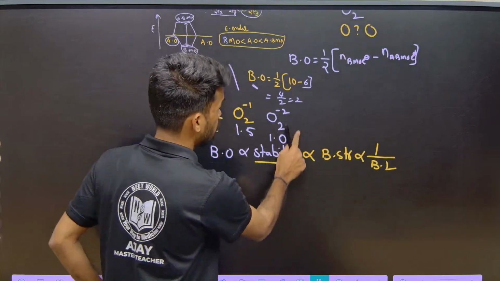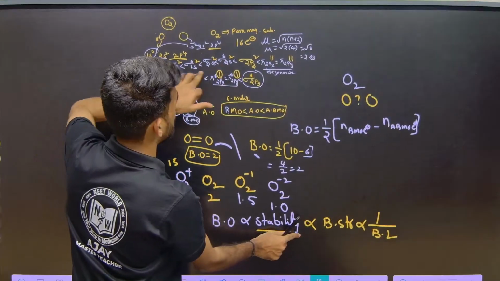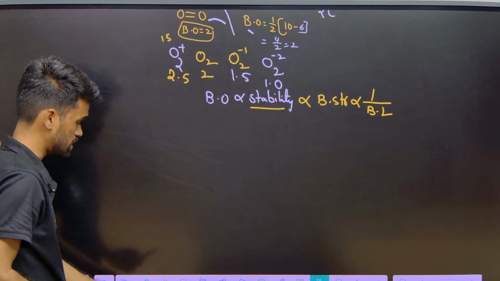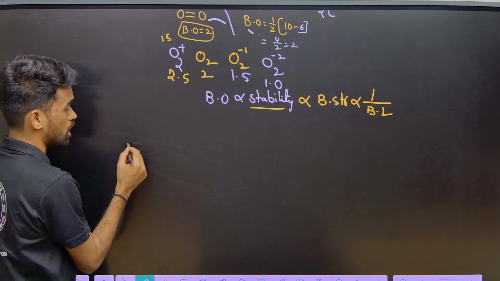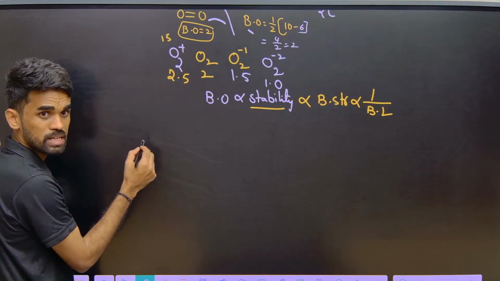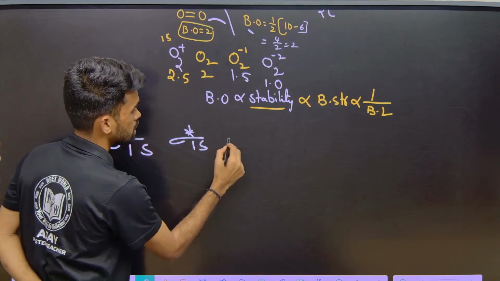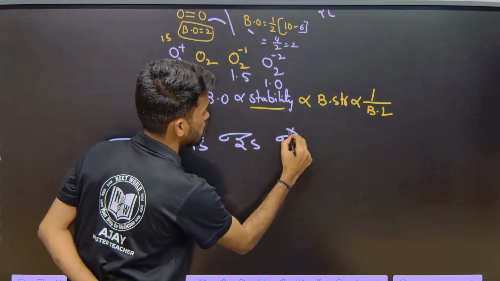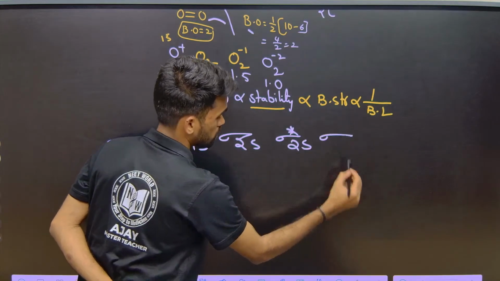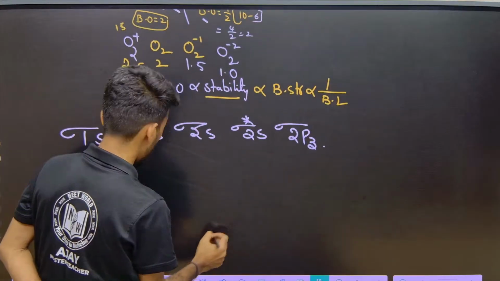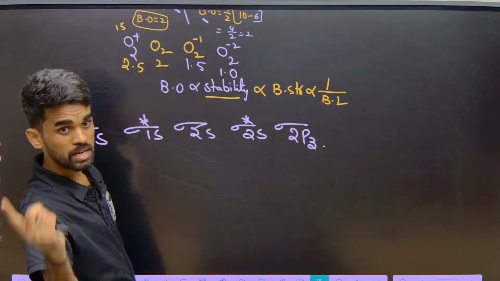Now you need to remember these orbital energies first of all. So tell me, what are the orbital energies we got? Just directly, randomly you tell me. Sigma 1s, sigma star 1s, sigma 2s, sigma star 2s, sigma 2pz. What I told you, sigma star 2pz is at the last.